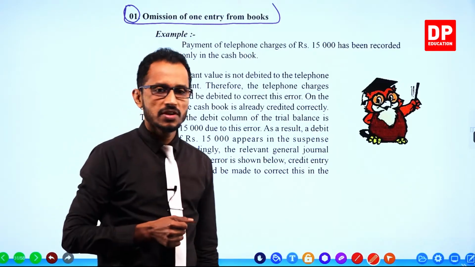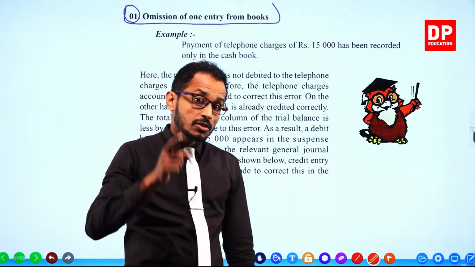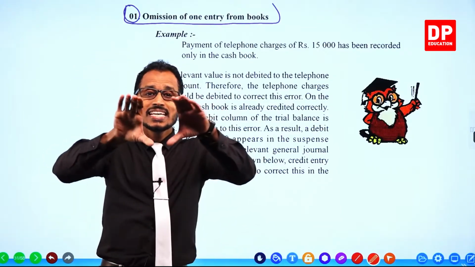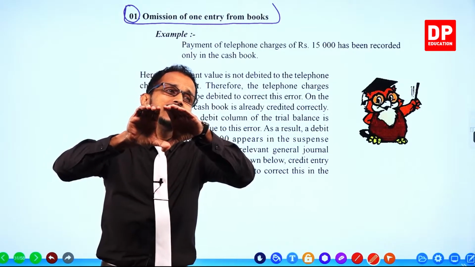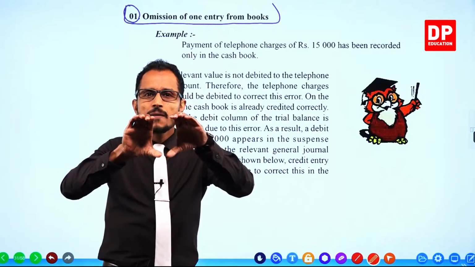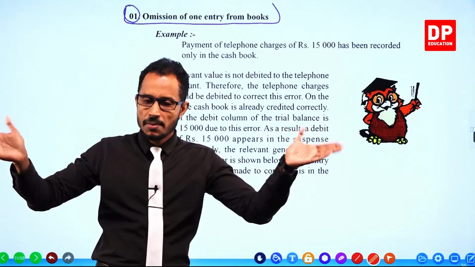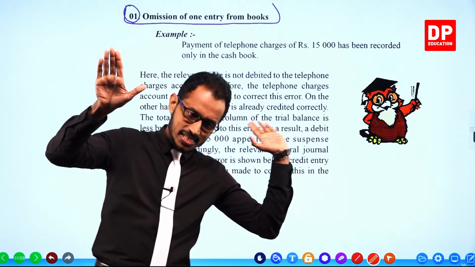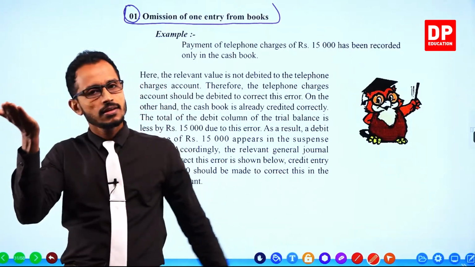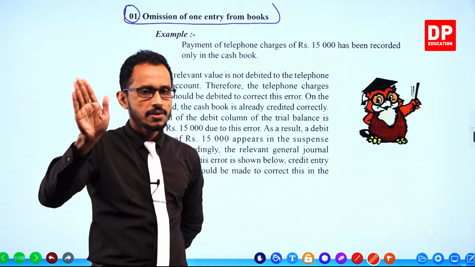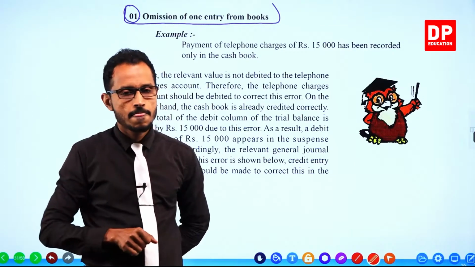Yeah, that was in the previous video. But those omissions, children, were complete omissions. That means the entire transaction is neglected, right? The transaction is completely not recorded.